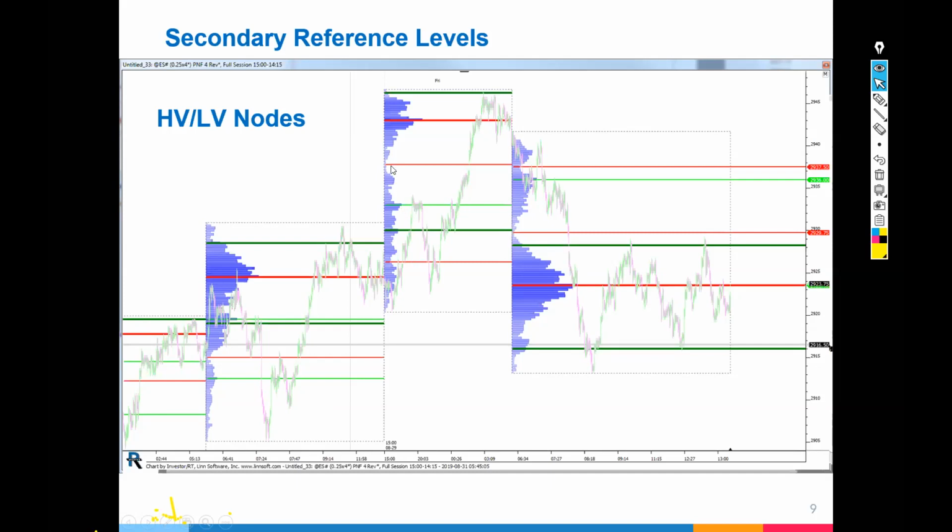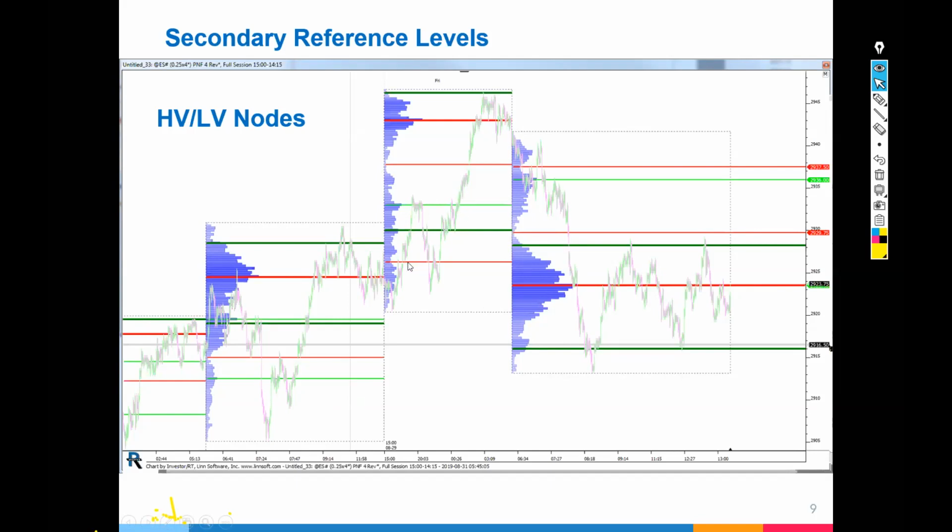Now, in some cases, they are significant. In others, they don't really prove to be incredibly helpful. And that's why I call them secondary. So once again, here we have a high volume, low volume node. The red ones are the low, the high are the greens. In this case here, it did provide resistance for me, but it was overcome on this next leg up.